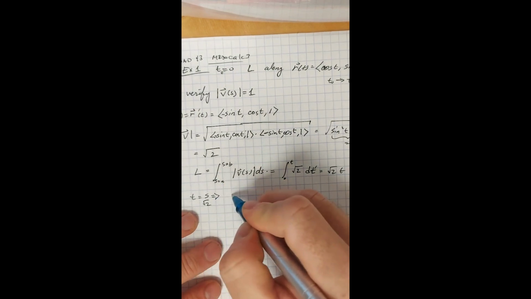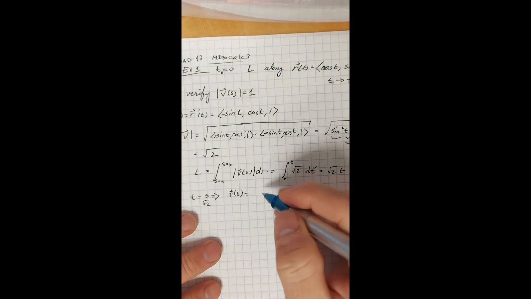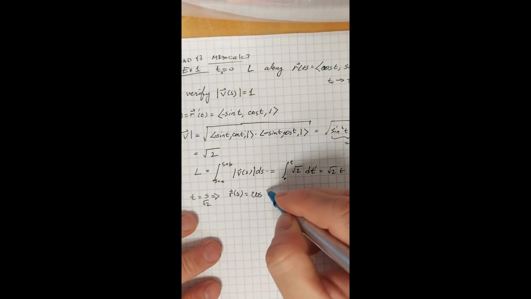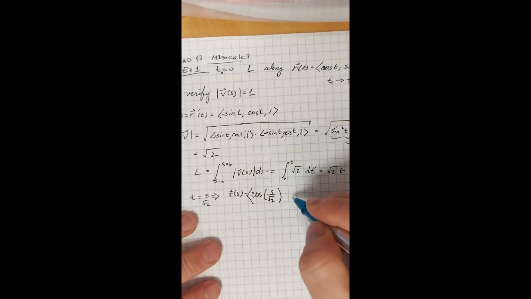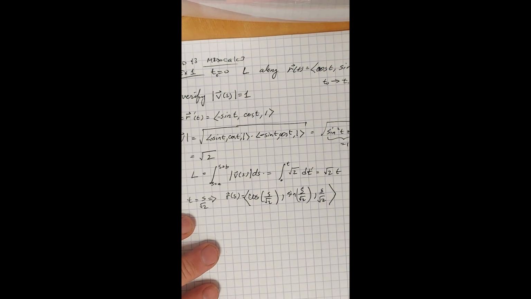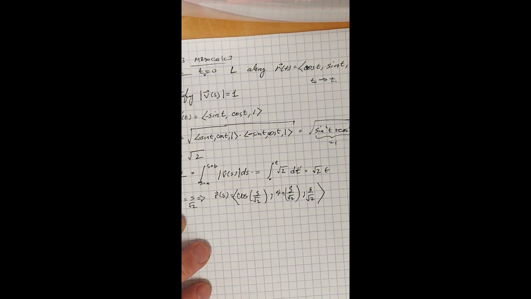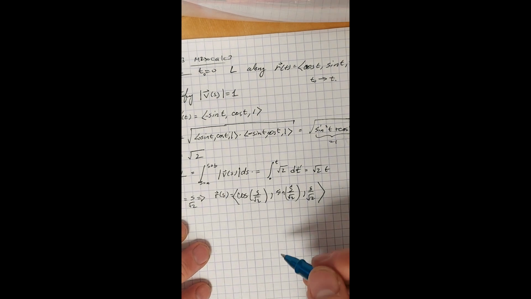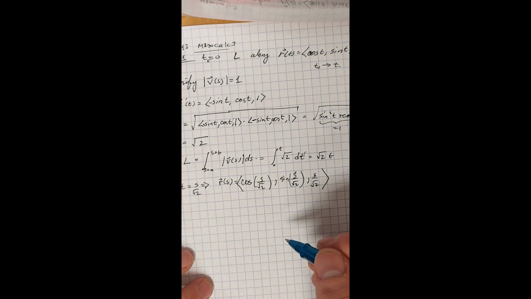This implies that r of s is equal to cosine of s over the square root of 2 in the i direction, sine of s over the square root of 2 in the j direction, and s over the square root of 2 in the k direction. Now verify that the absolute value of v is indeed equal to 1.